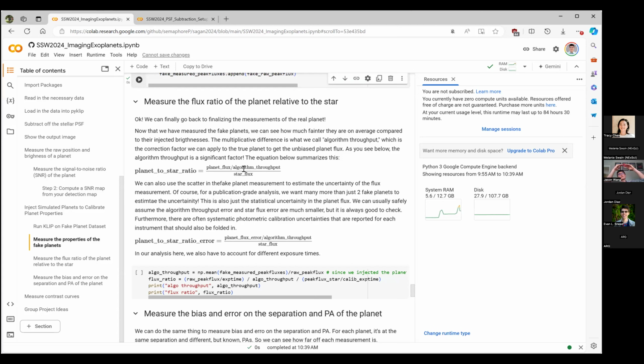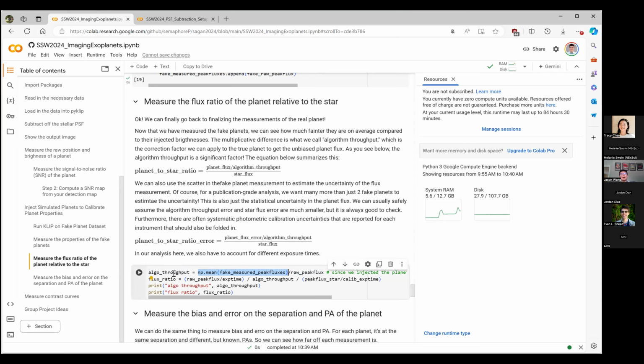So if your flux dropped by 30%, then your algorithm throughput is 0.7. If your flux dropped by 50%, then your algorithm throughput is 0.5. So that's the quantity that we're going to measure with the fake planet. So we know if we take the mean of the measured fake planet fluxes, and we know the value that we injected them at, we know then the algorithm throughput.